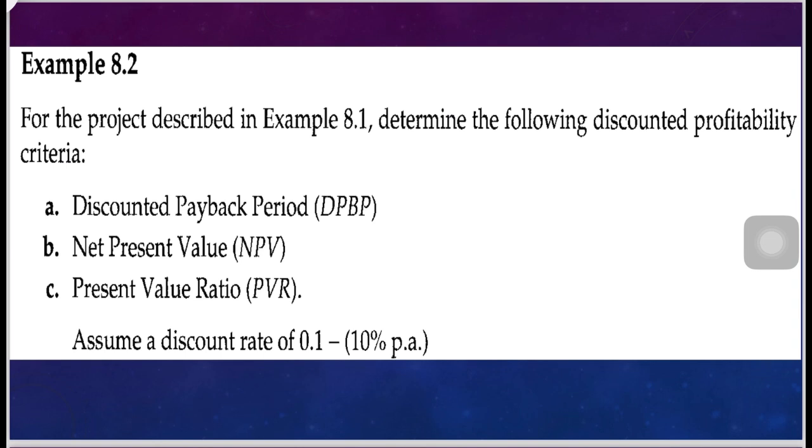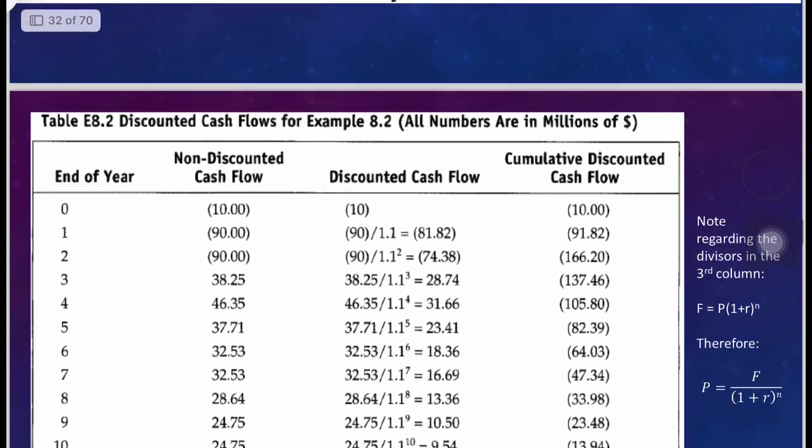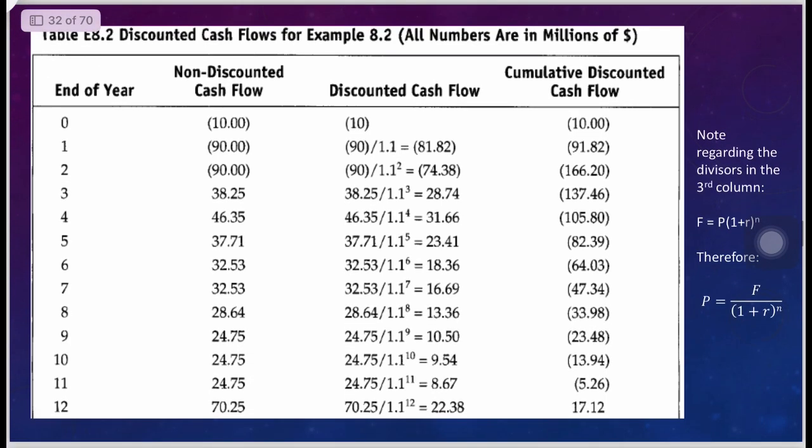Okay, so that could mean the inflation rate or whatever discount rate that affects time value of money. You have the non-discounted cash flows here, as you can see, non-discounted. So if you do a discounted cash flow for net present value, you have this.